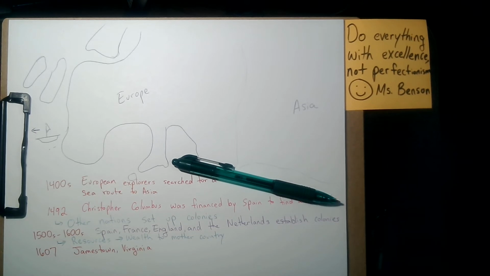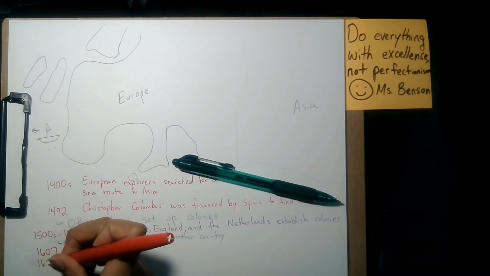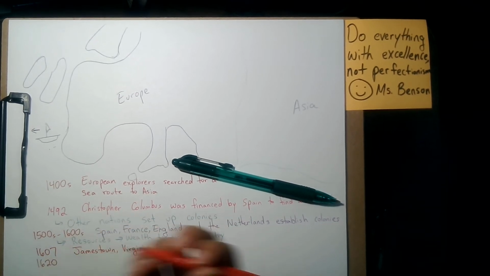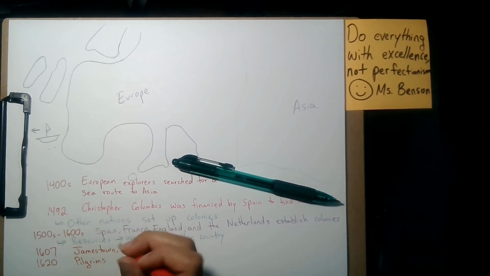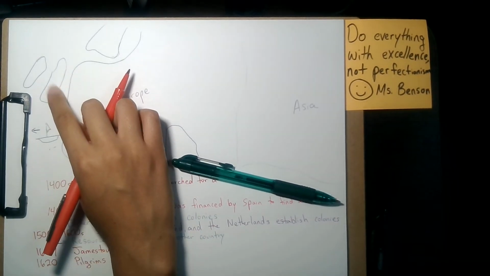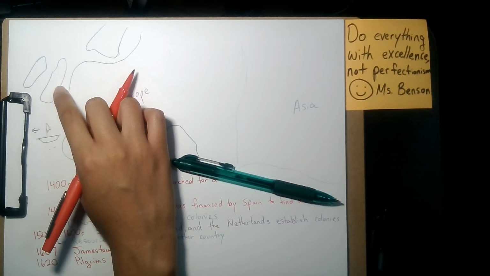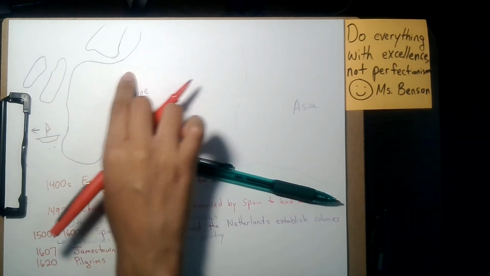So then we actually have in 1620, we have our Pilgrims. Okay, so there's a little more background on this. This comes from people who were being persecuted throughout different parts of Europe.